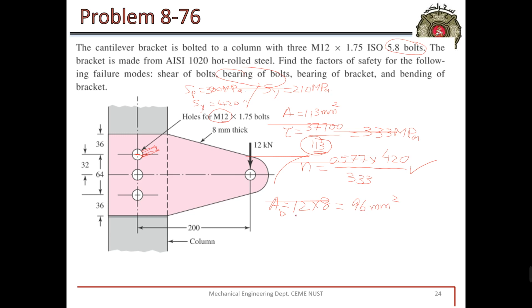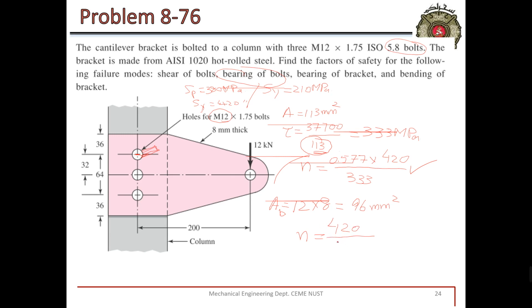And if you need to calculate the factor of safety again, that will be equal to, again, bearing stress is not shear, so we do not need to multiply by 0.577. So in that case, n is equal to 420 divided by stress, which is equal to force divided by area.